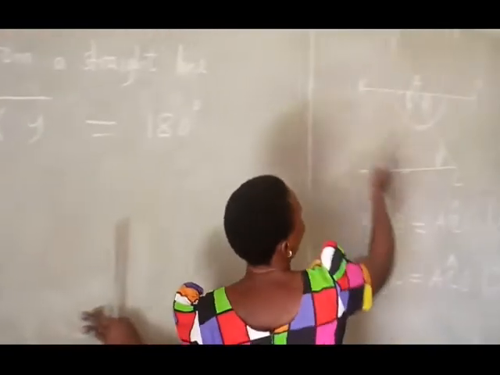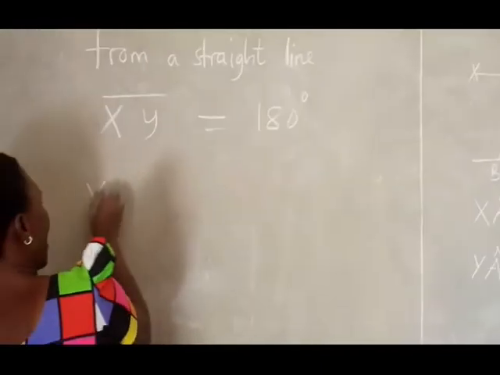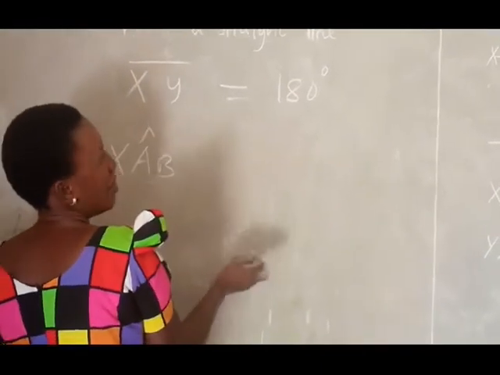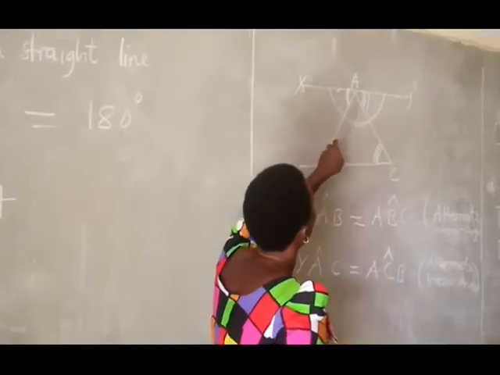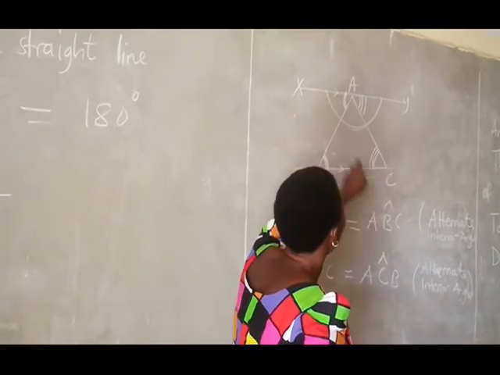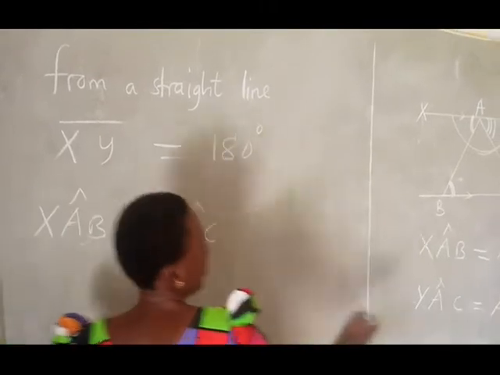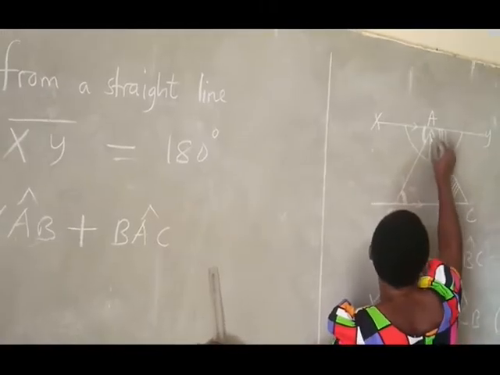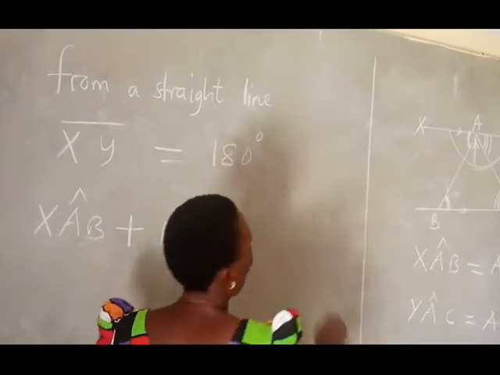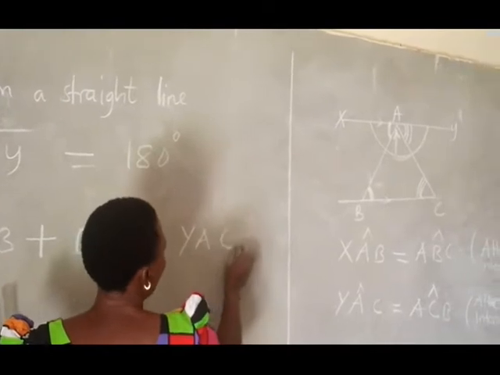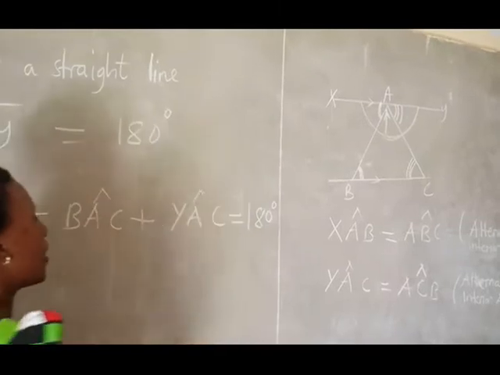We have angle XAB, then we add the other angle, which is this angle BAC. We are supposed to add also angle YAC so as to obtain the 180 degrees of a straight line.